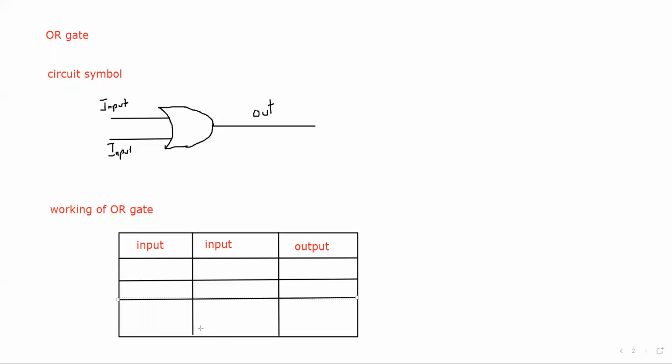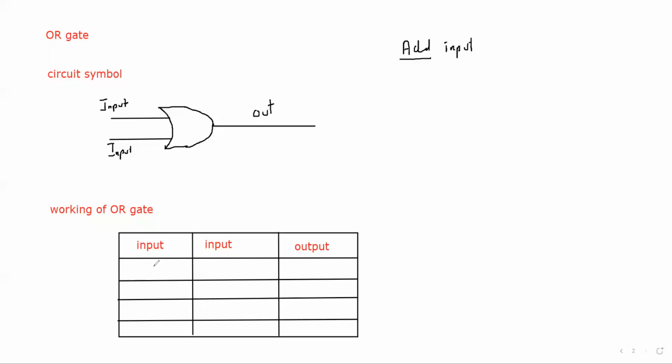Like what are the combinations of input, and with respect to that, we'll get output. The easy way to remember the output for OR gate is by addition. Add the input and you will get the output, the result.